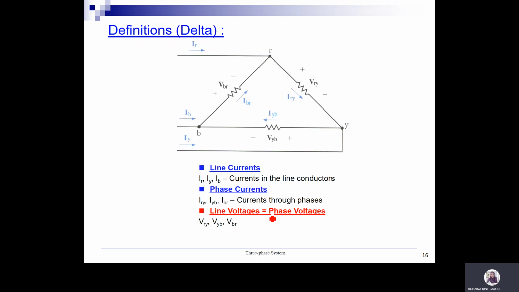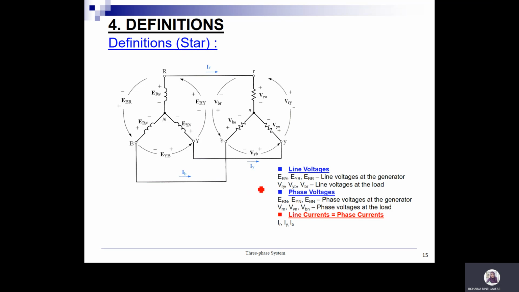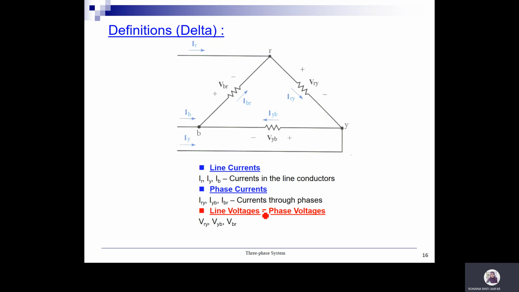Before this, for star, line current is equal to phase current. This is different from delta, where line voltage is equal to phase voltage. You have to remember and understand the relationships for both delta and star systems.